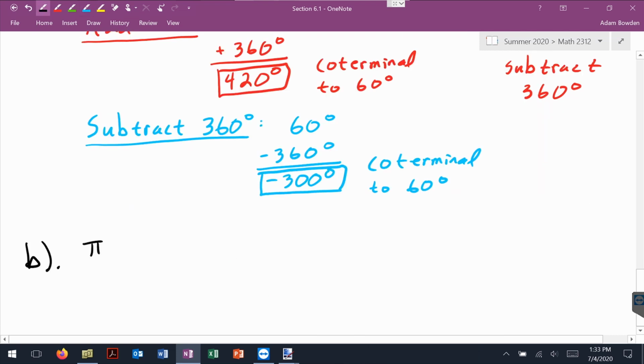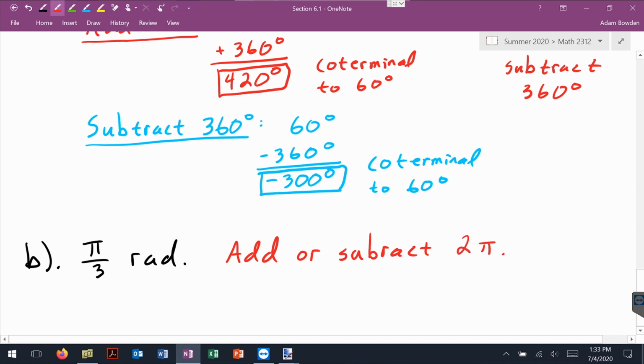Now, if we look at radians instead of degrees, say pi over 3 radians, we can still do the coterminal situation here, but dealing with radians, what we'll do is add or subtract the same thing as 360, but in radians, which would be 2 pi.